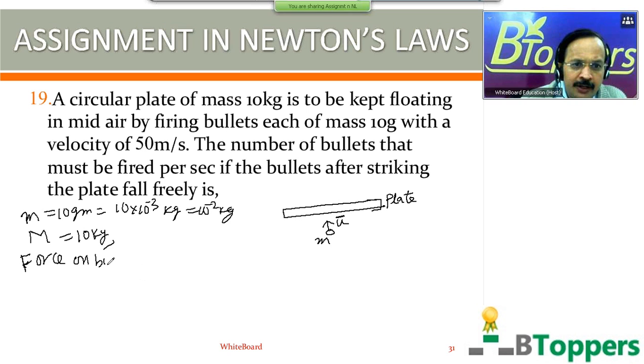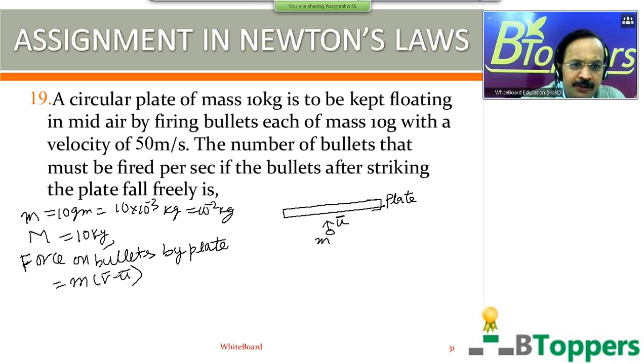So the force on bullets by the plate is equal to the rate of change of linear momentum of the bullets. So the change in momentum of one bullet is equal to m into v bar minus u bar, where v bar is the velocity of each bullet just after impact with the plate.